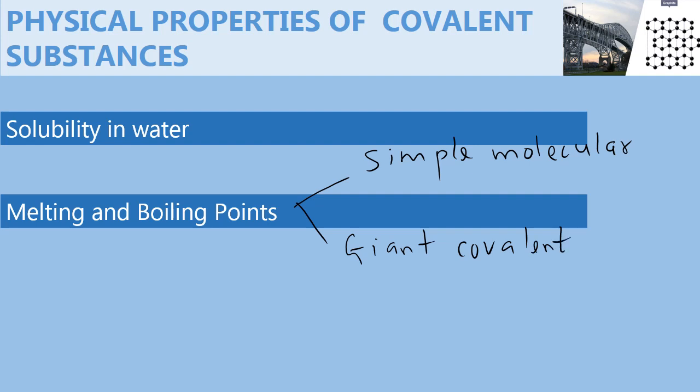Simple molecular structures generally have low melting and boiling points, while the giant covalent structures have high melting and boiling points. That means they require large amounts of heat to reach their boiling point.